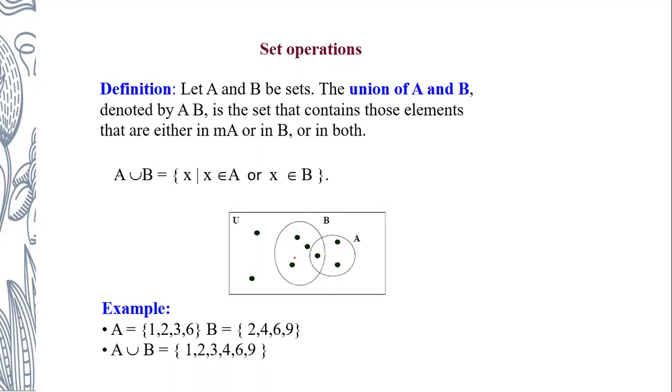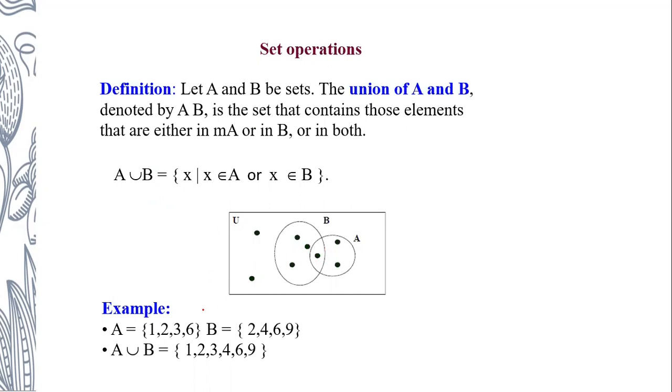This is the area belonging to only B. This is the area belonging to both A and B. And this is the area belonging to only A. So A union B means the elements belonging to A, the elements belonging to B, and also the elements belonging to A intersection B. We take all these three areas, first, second, and third, and together they give A union B.